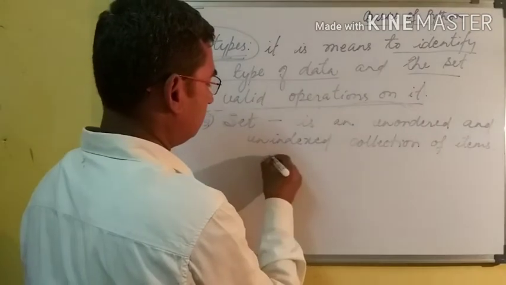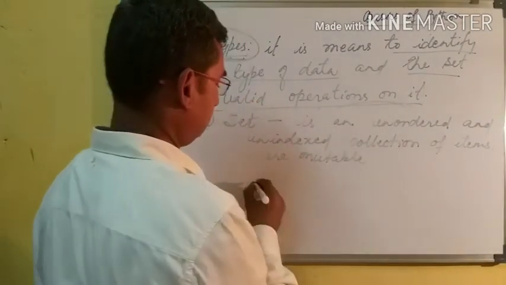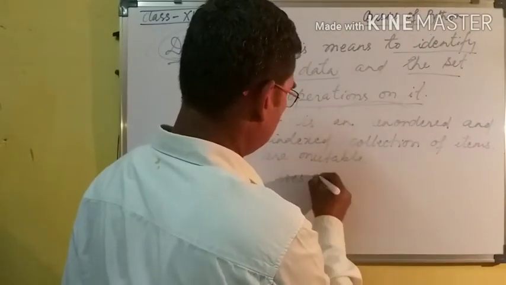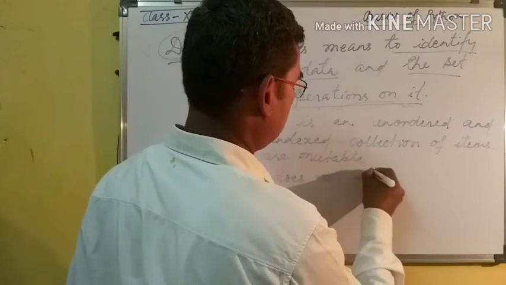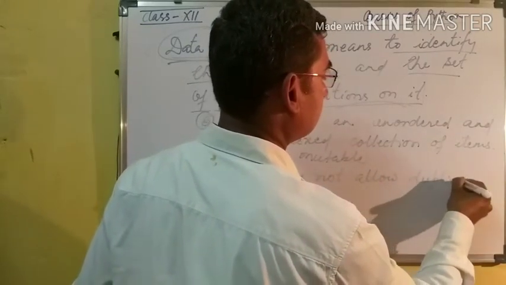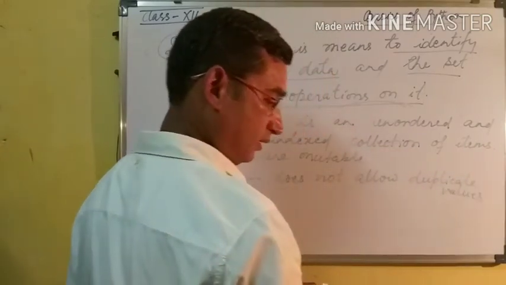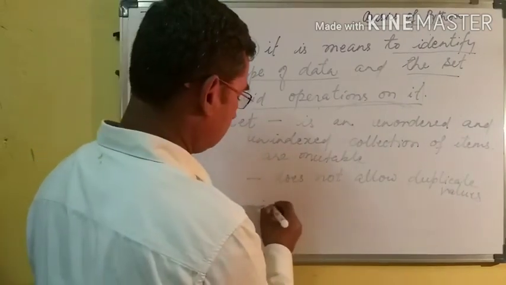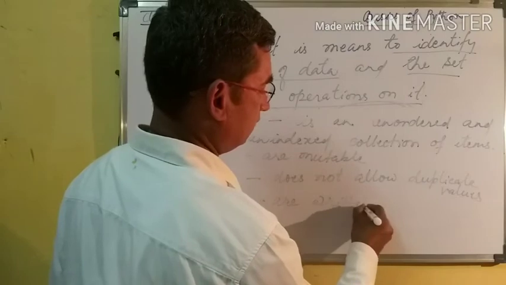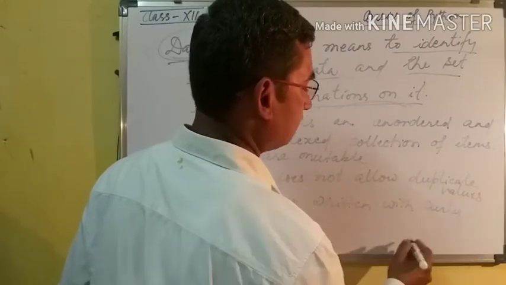Sets are mutable, do not allow duplicate values, and are written with curly brackets.